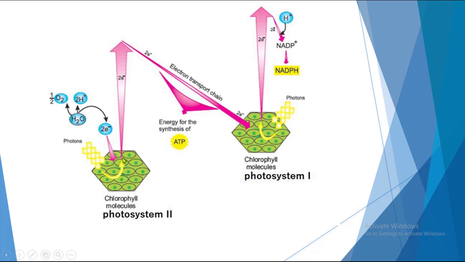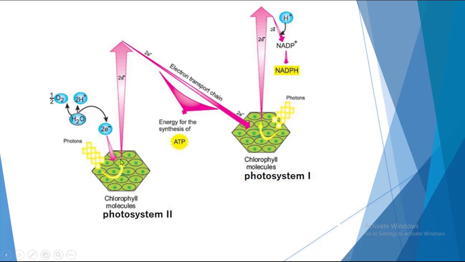So here we go. First of all, here you can see the photons of light, they fall on the chlorophyll molecules of photosystem 2. So when light energy falls on the chlorophyll molecules, the electrons of chlorophyll get excited, and when the electrons get excited, their kinetic energy increases, and these electrons, 2 electrons at a time, leave the photosystem 2 and they move towards the electron transport chain.